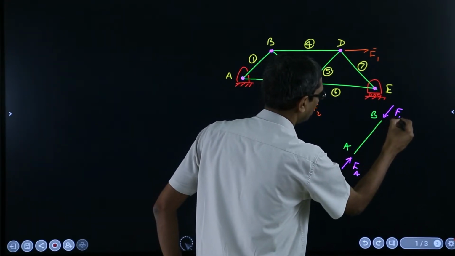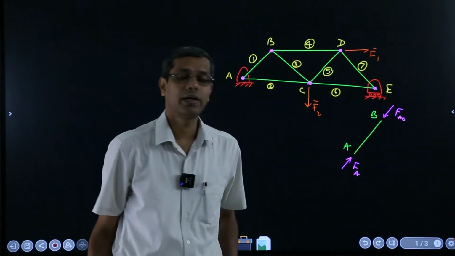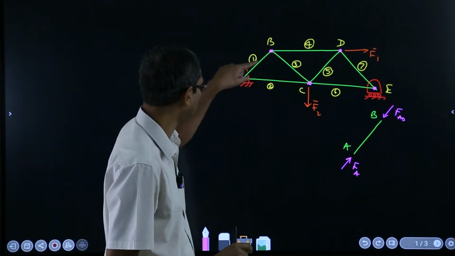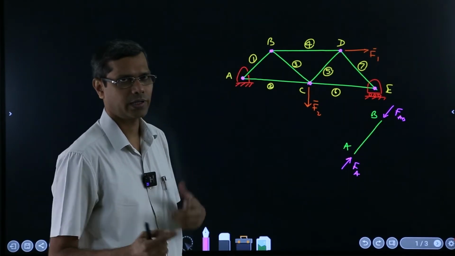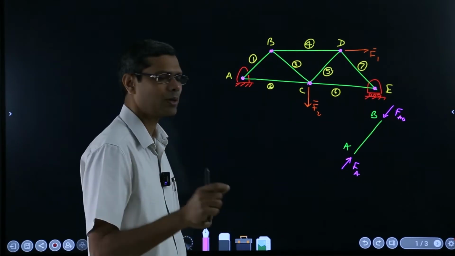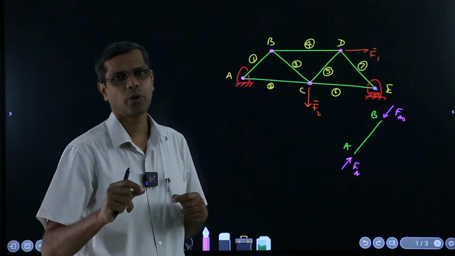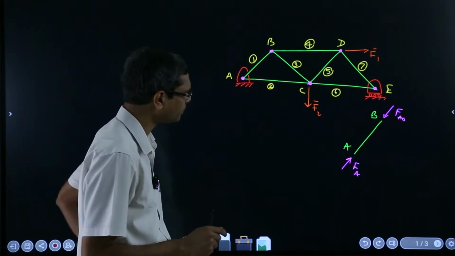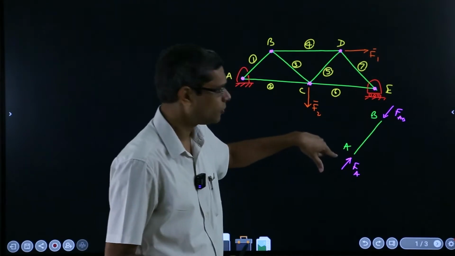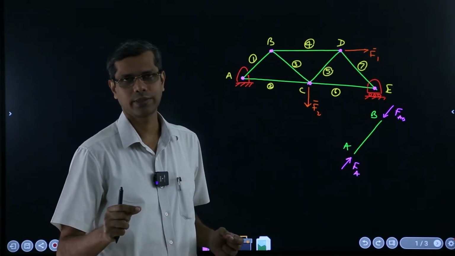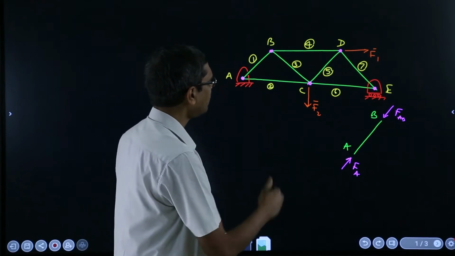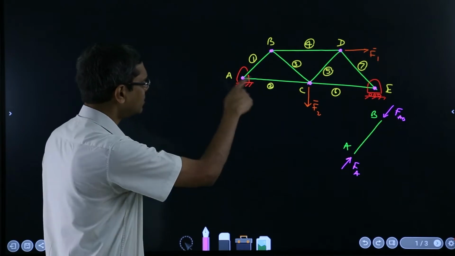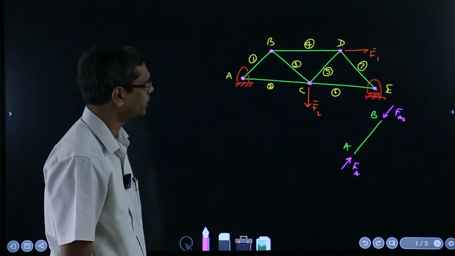They will be along the line that connects the points A and B. In fact, the shape of this bar could be anything as we discussed in the previous segment, but we will represent them as a line connecting the points where the member is connected to the whole structure, and the line of action of the force has to pass through those two points because it is a two-force member. So, that being the free body diagram of link or member AB, similar things can be drawn for any of those members.